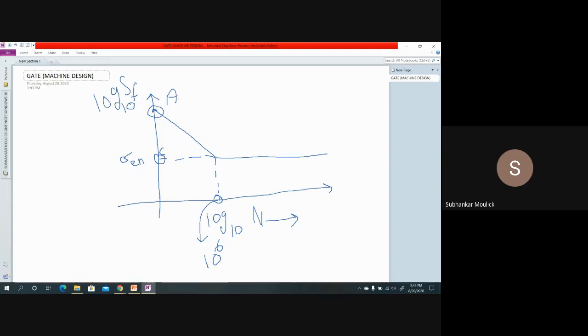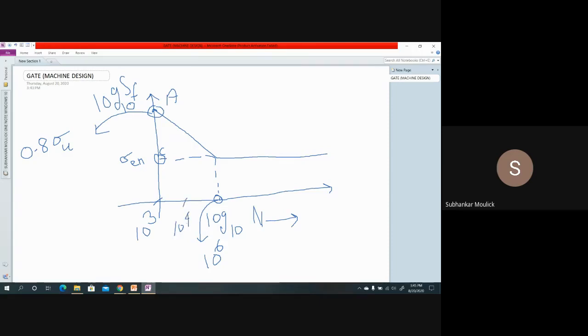And the value of this particular point is what? 0.8 times of sigma u given in the problem. And if this is 10 to the power 6, then this particular value will be 10 to the power 3, and this particular value is 10 to the power 4.